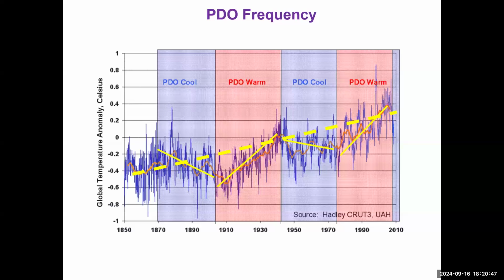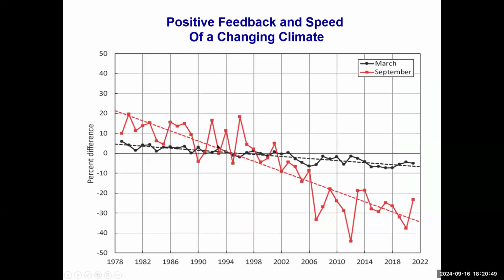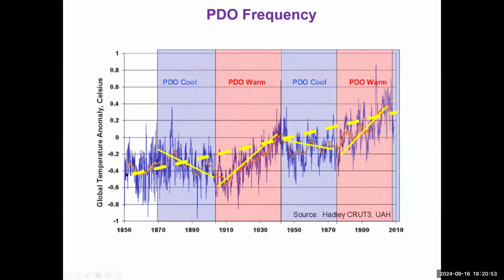So you can see, again, review: you have this fluctuation of El Nino, La Nina, okay? And then you have this multi-decadal fluctuation of the PDO. And as you see over time, the cooler temperatures are getting warmer and the warmer temperatures are getting warmer.